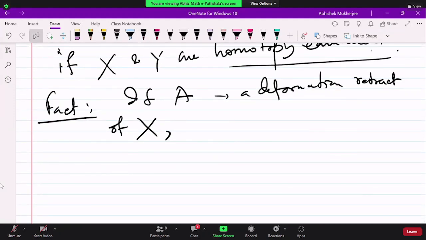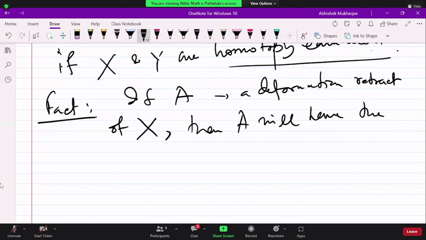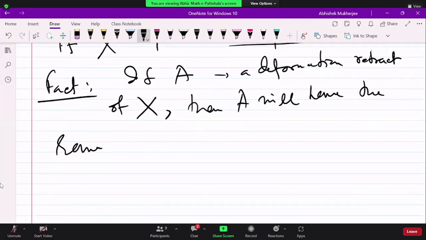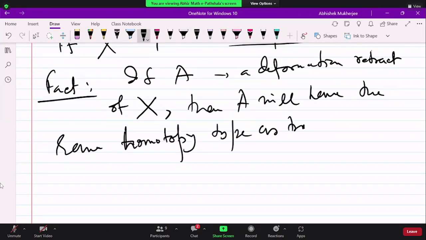That space A will belong to the equivalence class of X. That means A will have the same homotopy type as X.